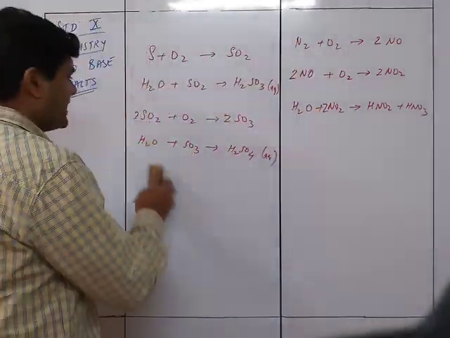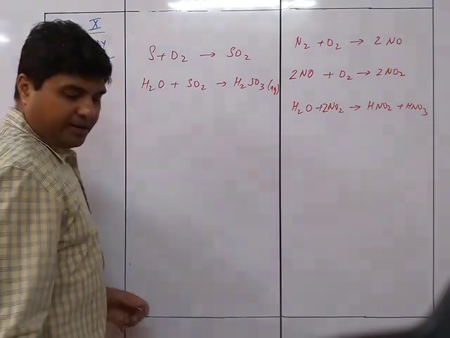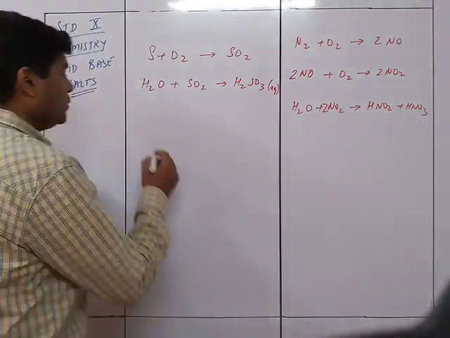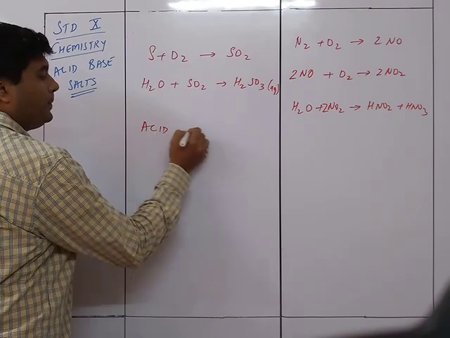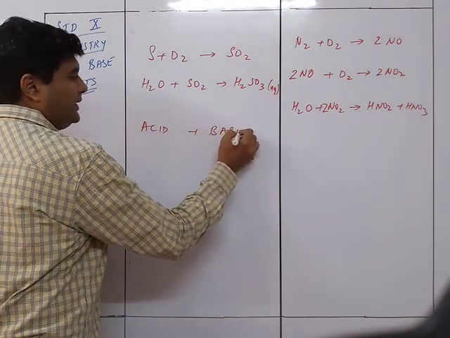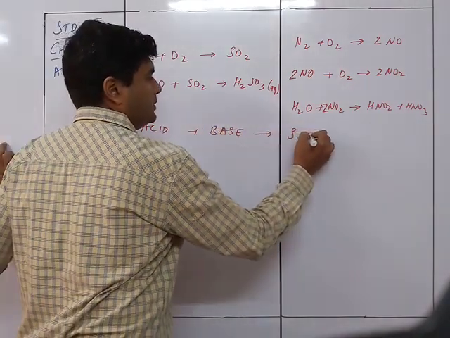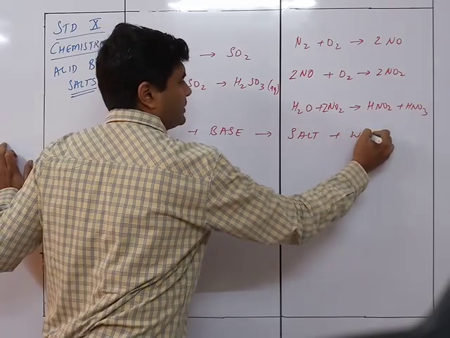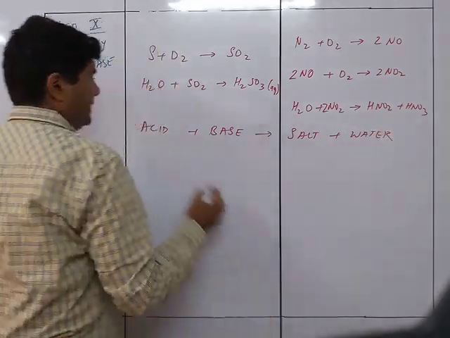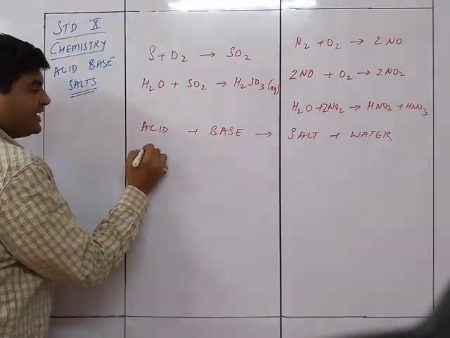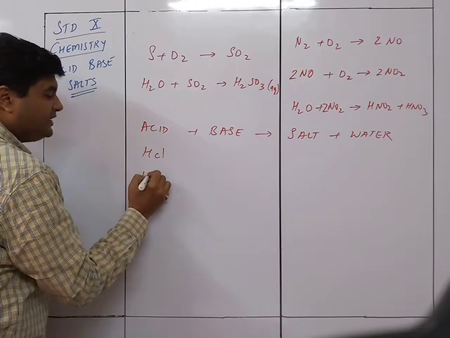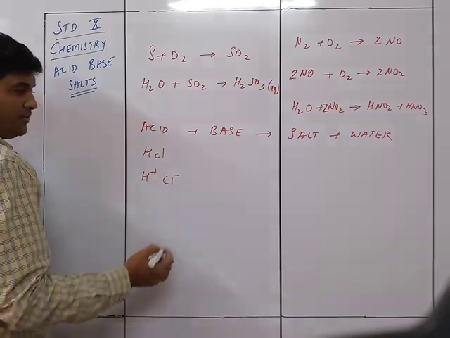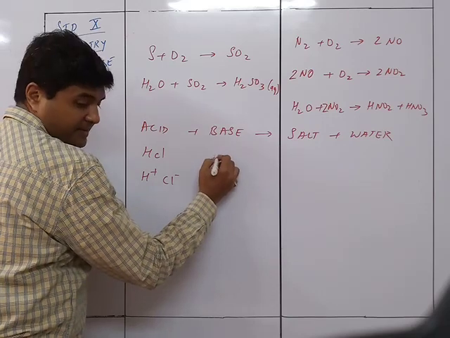So we can understand this in a very short manner because we have already gone through this. We know that acid plus base is going to give me salt plus water. So how does it form? We know that acid, let's take HCl. So HCl is nothing but H plus and Cl minus. A base, let's take the base as NaOH.